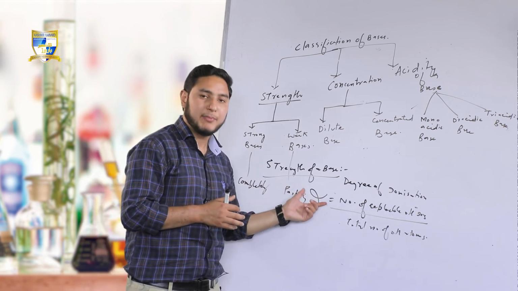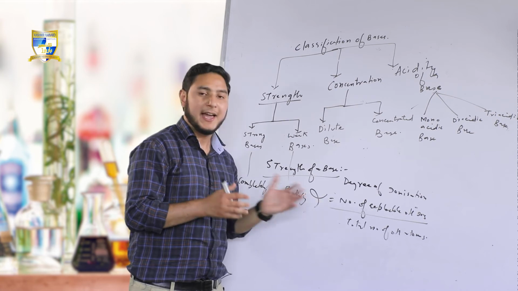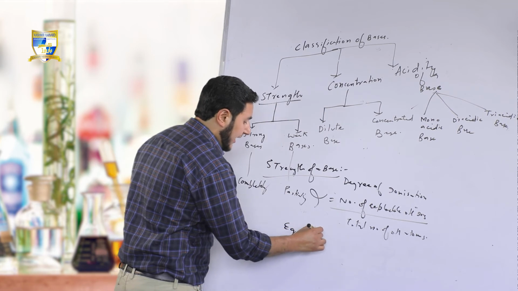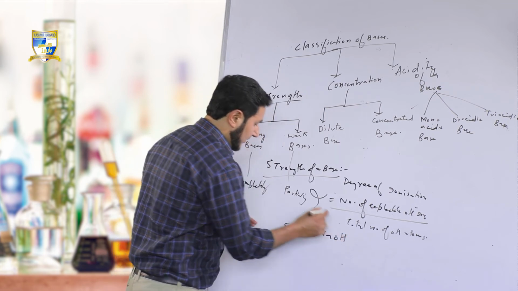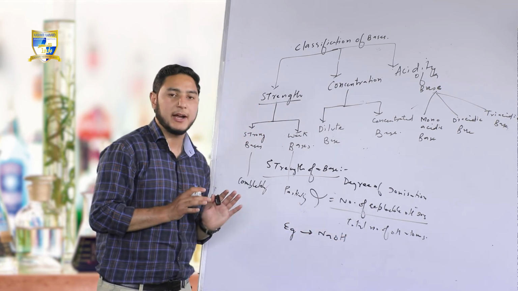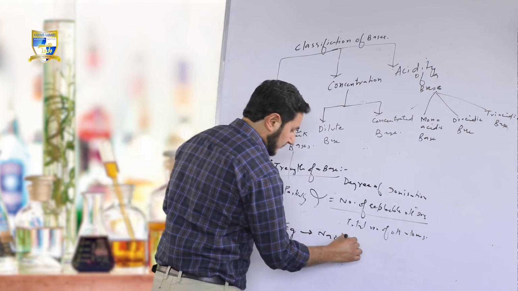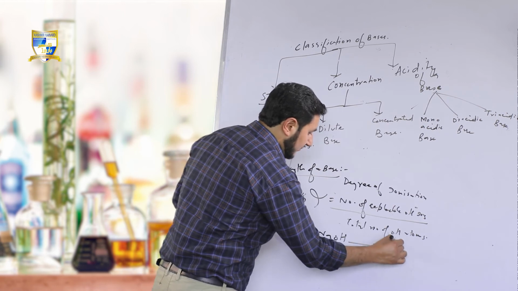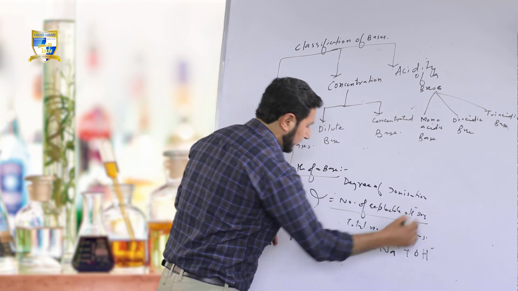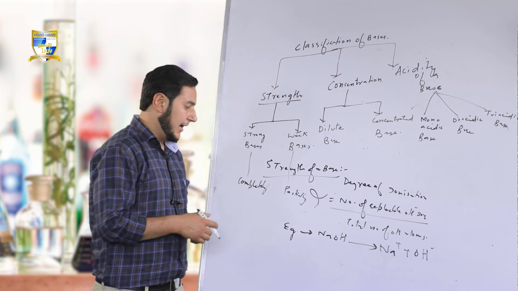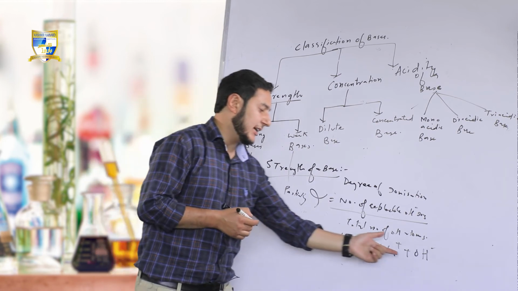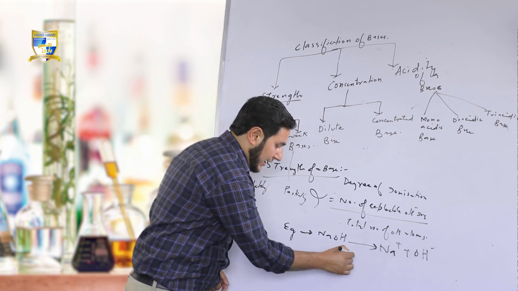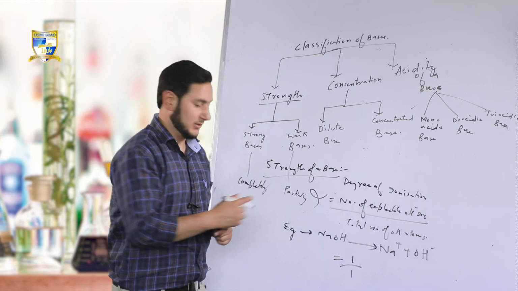Alpha gives us the numerical value. Example: NaOH, sodium hydroxide, a base, also called caustic soda. Na positive, OH negative. Find how many OH negative ions have been replaced. There was one OH and one is being replaced.